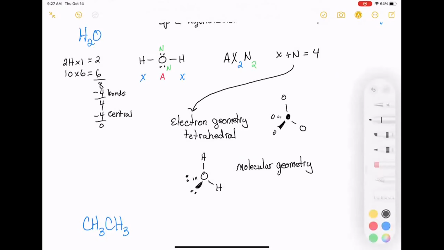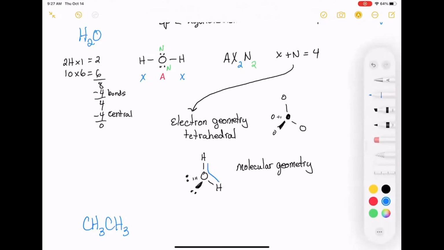And when you're naming the molecular geometry, you name only the bonding groups. So I would only focus on the one thing that I have highlighted here. And therefore, this shape is referred to as a bent shape.